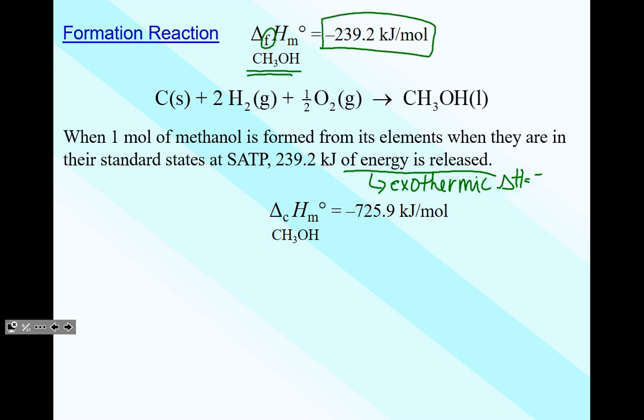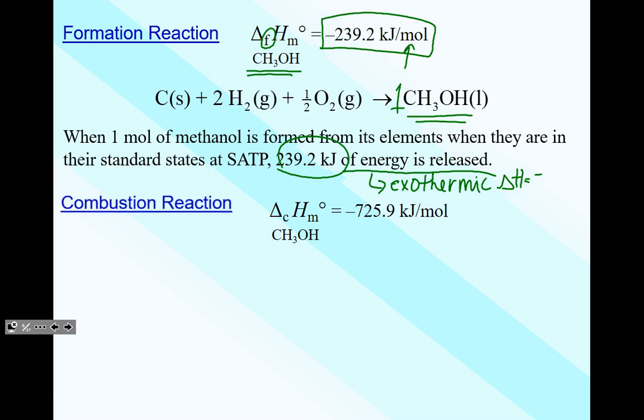Notice there's only 1 mole of this, so that's why it's per mole. We know there's 239.2 kilojoules of energy per 1 mole, because it's already specified in the balanced equation that it's 1 mole in that particular case.